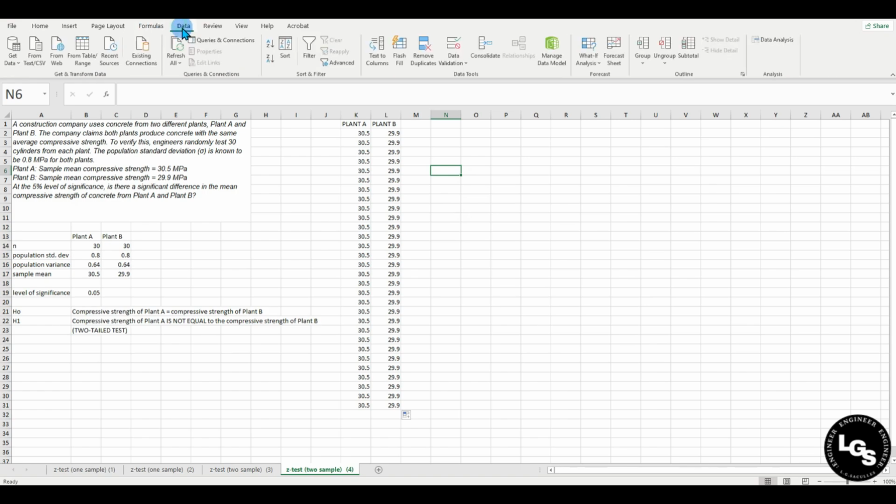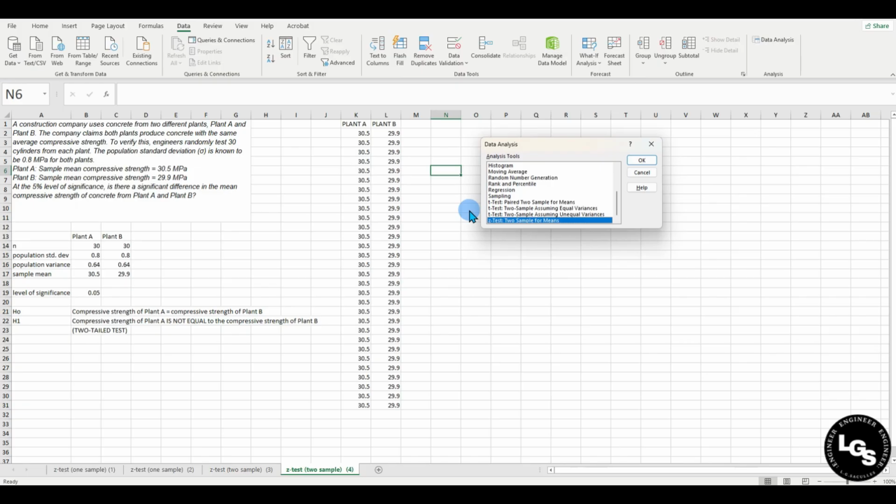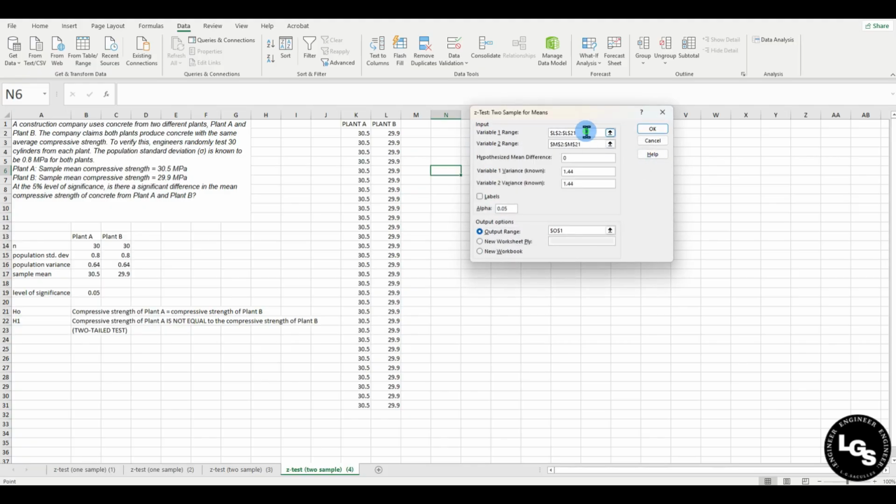So we go to Data, then click on Data Analysis, and choose z-test for two samples. I will just delete this first.